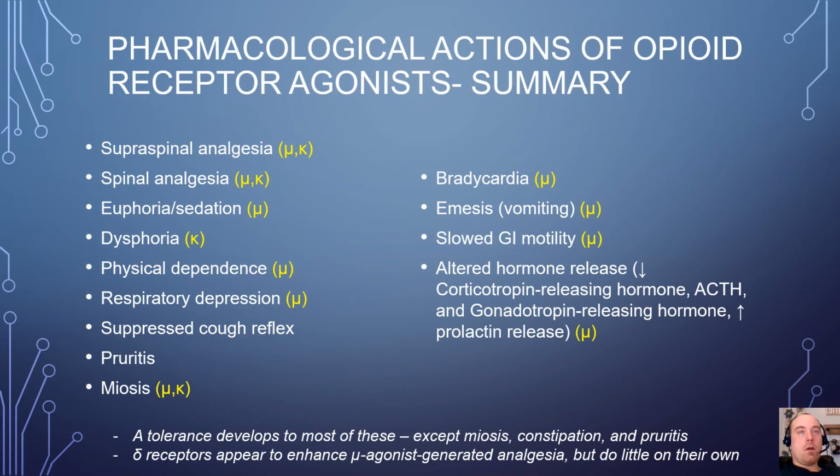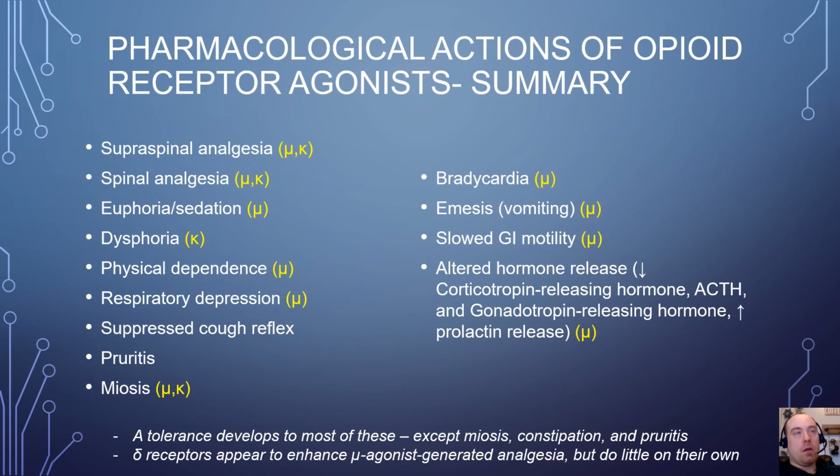So breaking it down into the different effects here by receptor, the reality is most of these are mu opioid receptor mediated. And this is not something I personally think anyone should try to commit to memory in terms of which receptor is where, except maybe the idea that kappa receptor activation does cause a feeling kind of opposite of the mu receptor in terms of your emotional state, and that would be dysphoria.